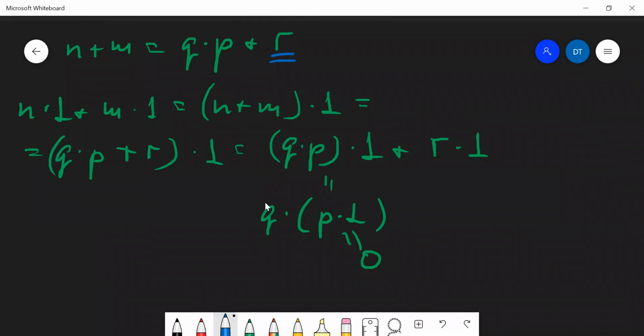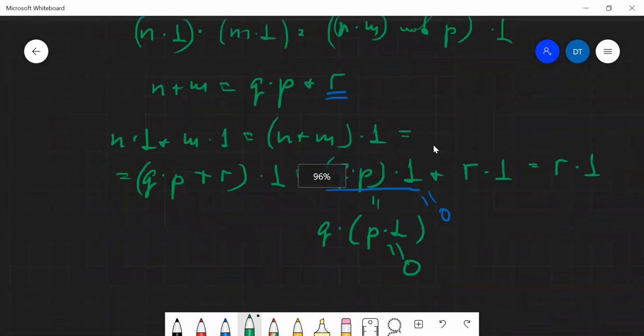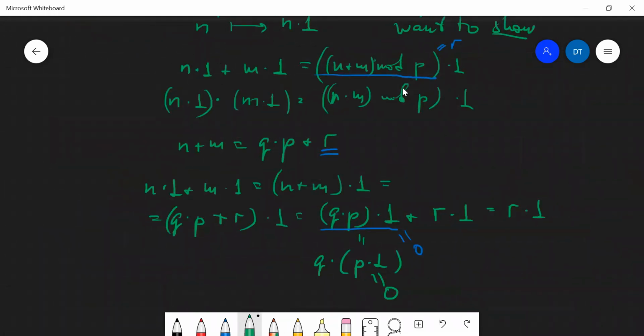So the whole sum is equal to r times 1. So this is the required equality, exactly what we needed.